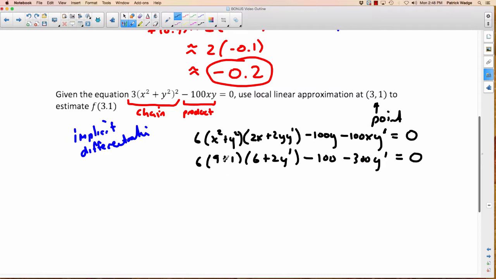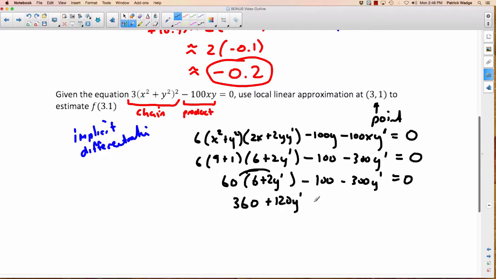And let's isolate the y primes. So how will we do that? Well, we add the 9 and the 1, get 10, and multiply by 6, we get 60. So 60 plus 6 times 2y prime minus 100 minus 300y prime equals 0. Let's expand this out here. So you get 360 plus 120y prime minus 100 minus 300y prime equals 0.